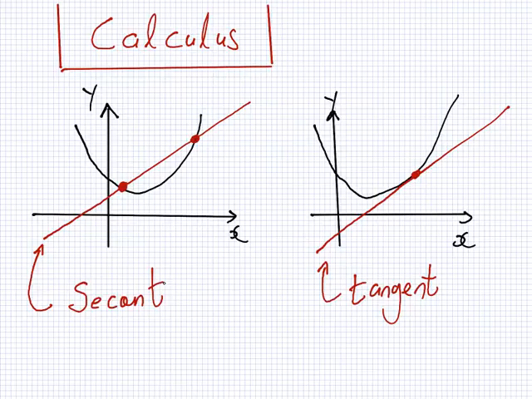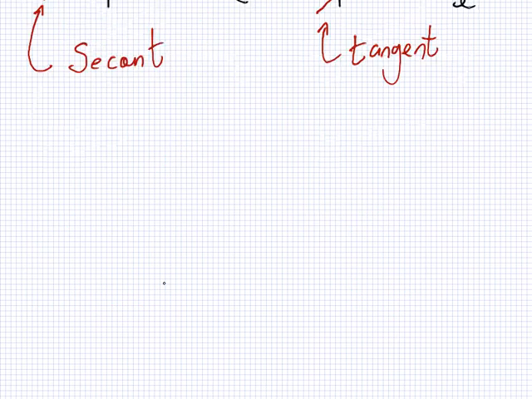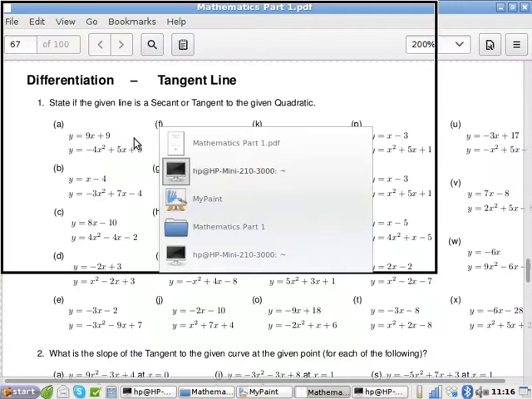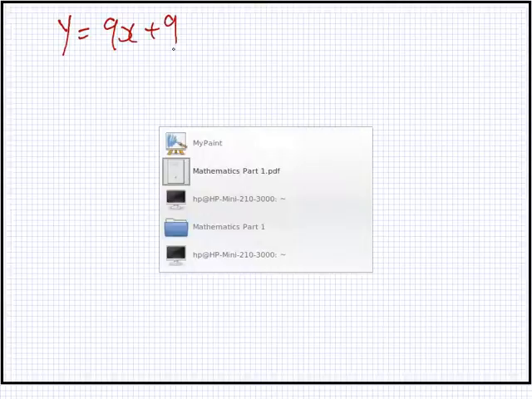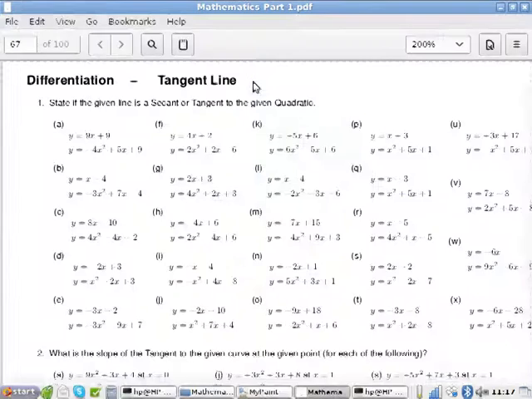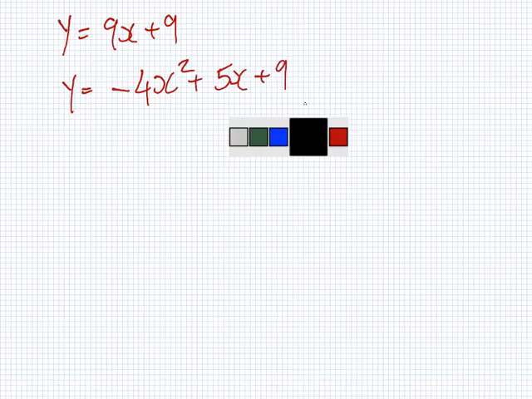Got that? So, as a little bit of revision, let's just have a look here at the first one. y equals 9x plus 9, and y equals minus 4x squared plus 5x plus 9.